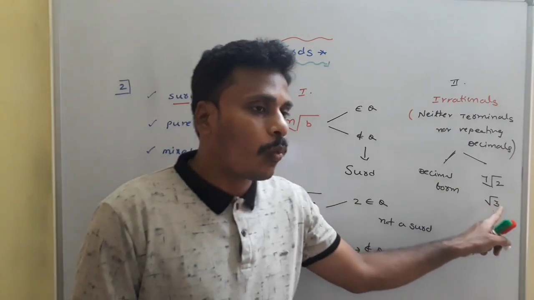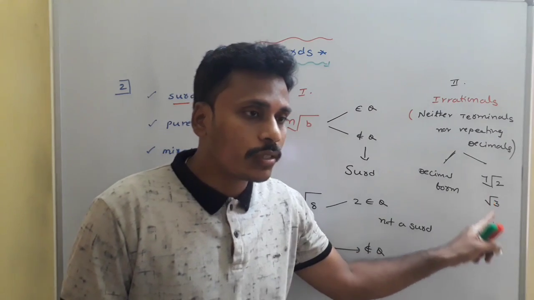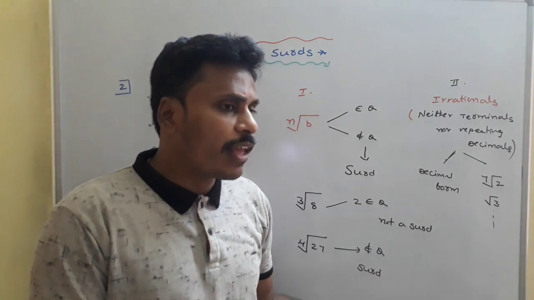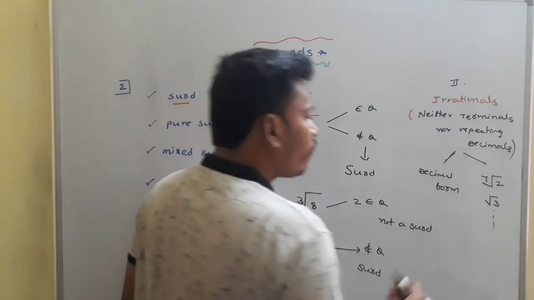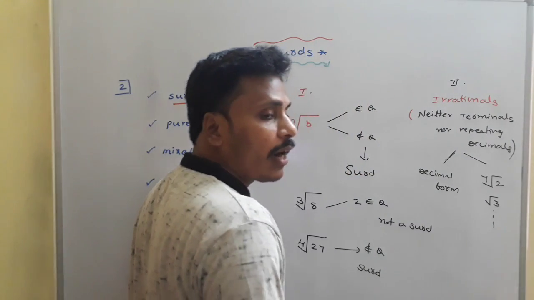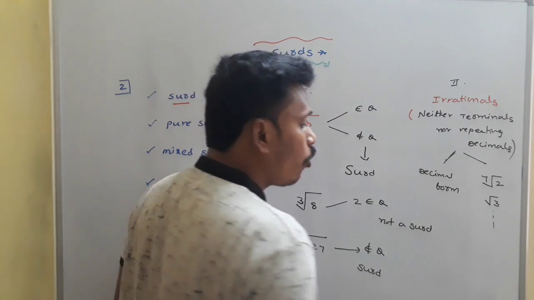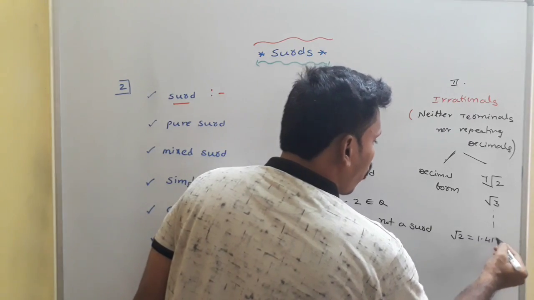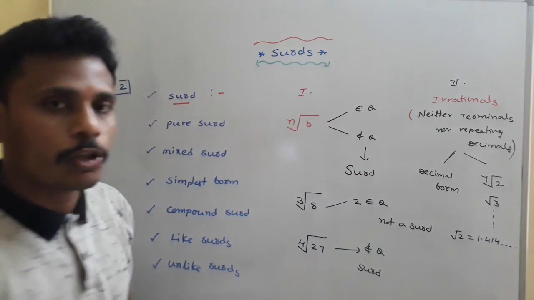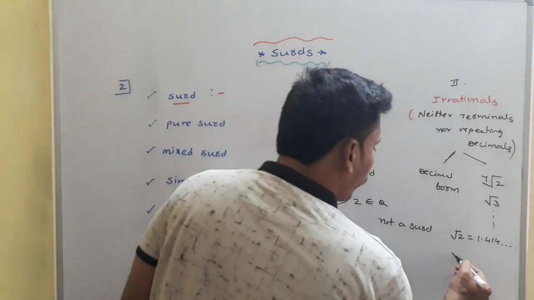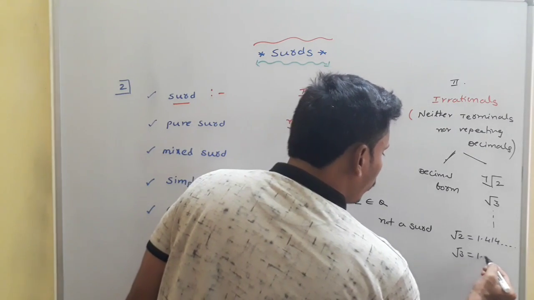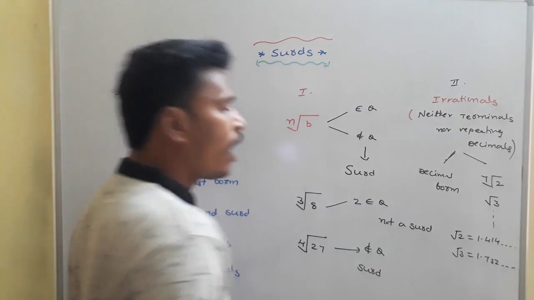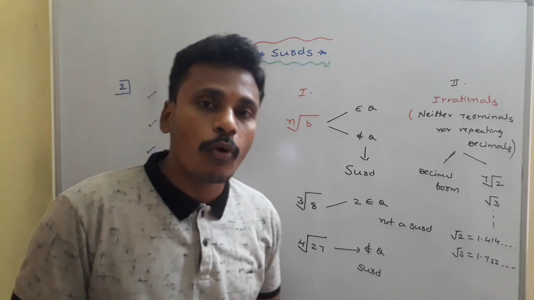I think you know what is root 3. We don't have any exact value for root 3. We have an approximate value, and there is a procedure to find the value of root 3. I think you all know the root 2 value is 1.414 something. Approximately we consider root 2 as 1.414, and the root 3 value is 1.732 something, approximately 1.732.